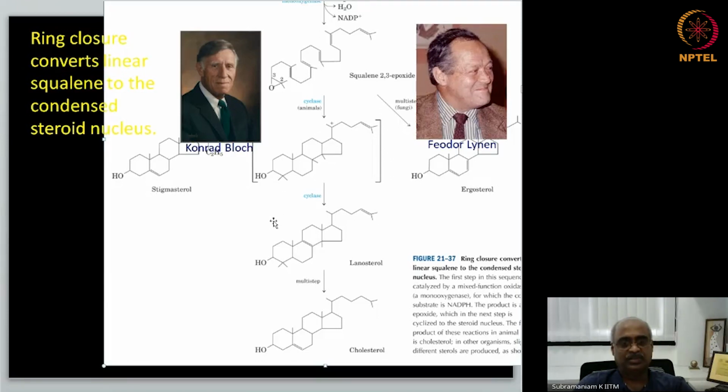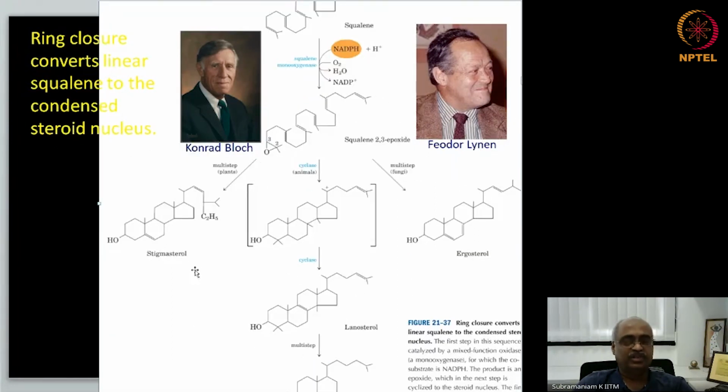These 2 methyl groups are removed, and then you have a double bond here, and those rearrangements in lanosterol results in cholesterol. So this is what happens in animals. This does not happen in plants. Okay, and in plants a slightly different pathway makes stigmasterol. Plants do not produce cholesterol.